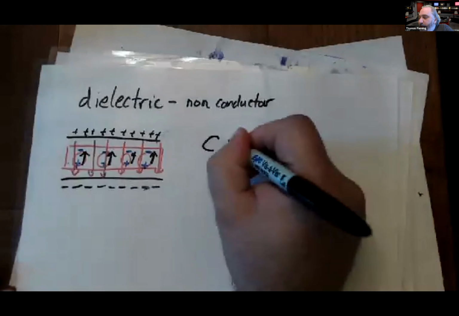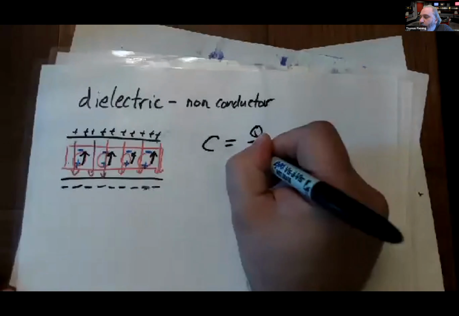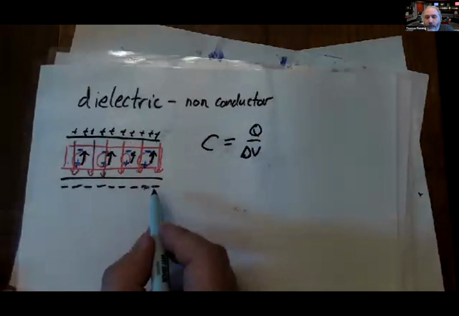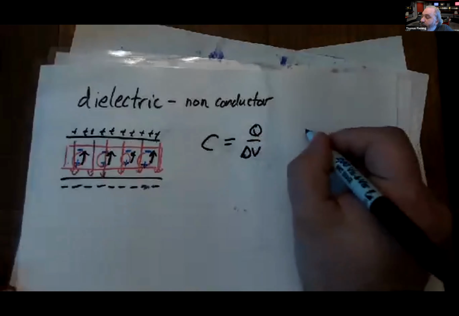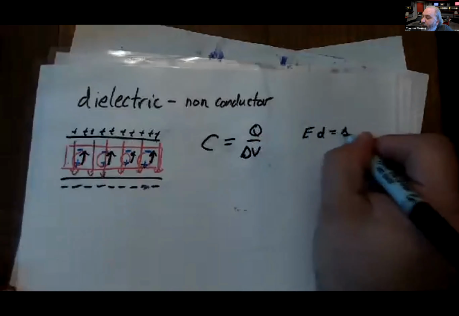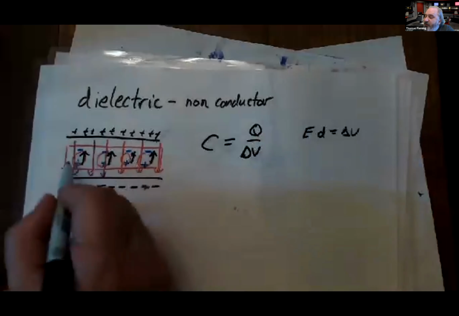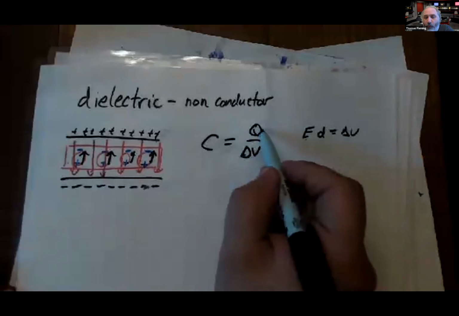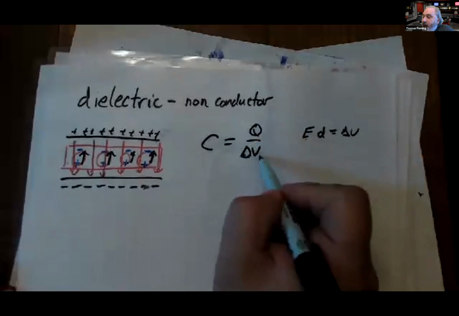But since the capacitance is Q over delta V, I have the same amount of charge on the plates as I used to, but since E times d equals delta V, and E is smaller than it used to be, delta V is smaller than it used to be. So I'm going to have the same Q as before, but a smaller delta V. I've got a bigger capacitance.